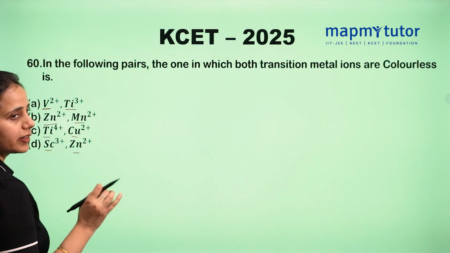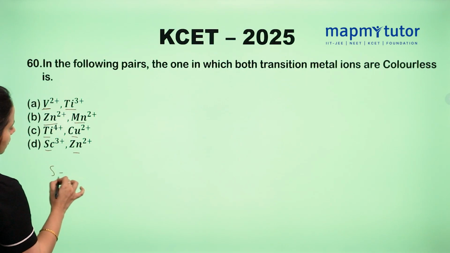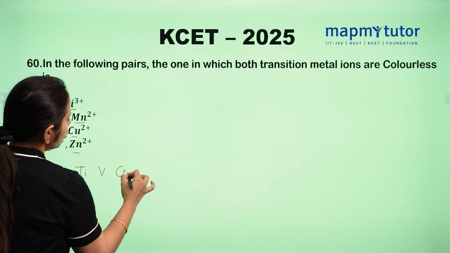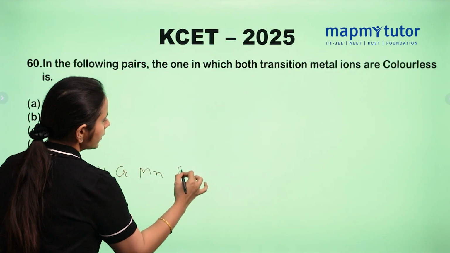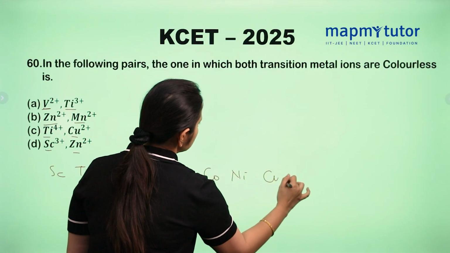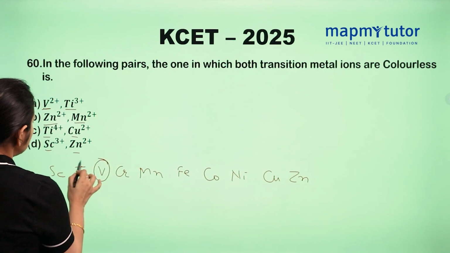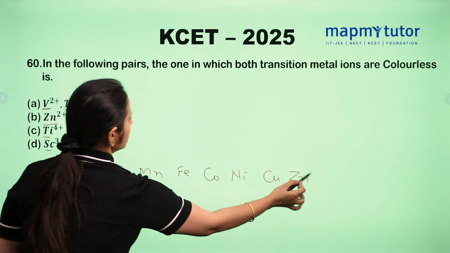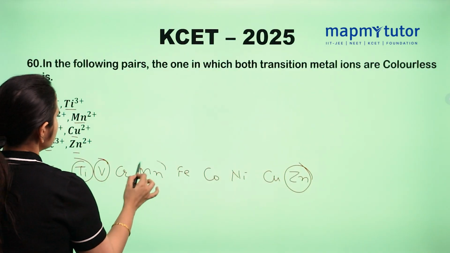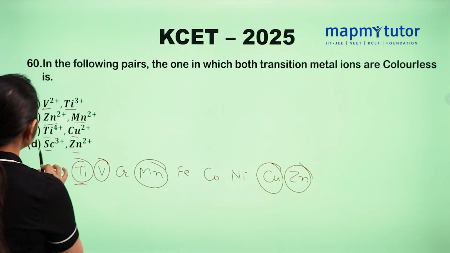All these are 3d series. Okay. So in short, we can write scandium, titanium, vanadium, chromium, manganese, iron, cobalt, nickel, copper and zinc. And they are talking about vanadium, titanium, zinc, manganese, again titanium, copper and scandium and zinc.